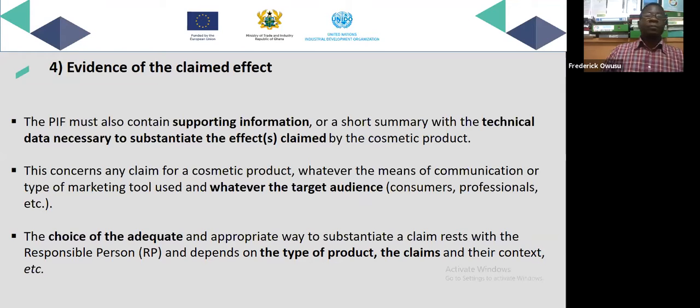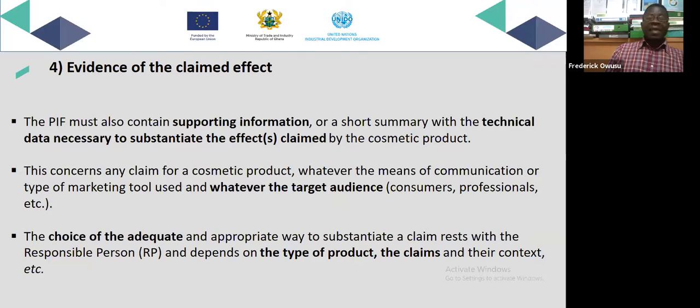Four, if you made any claim, there should be evidence of that claim. The PIF must contain supporting information or a short summary of technical data necessary to substantiate the effect claimed by the cosmetic product that you are putting on the shelf.